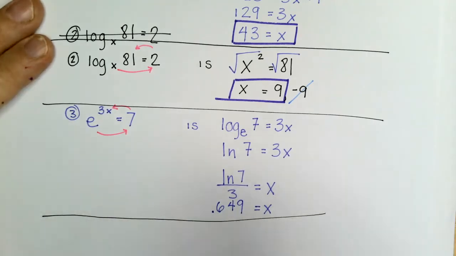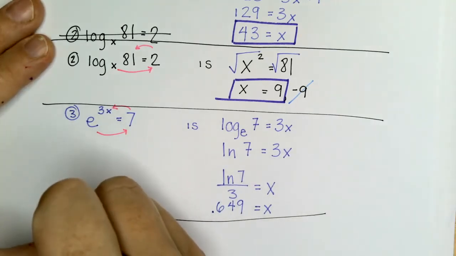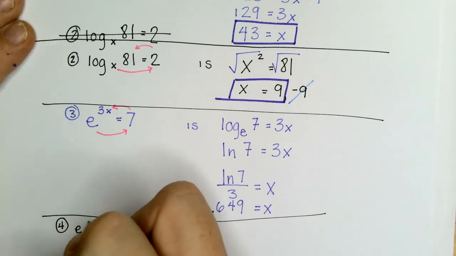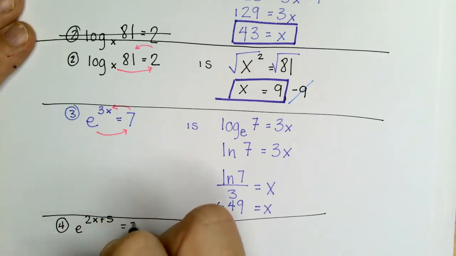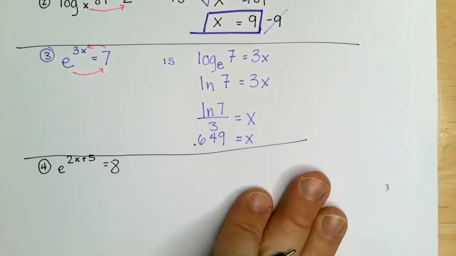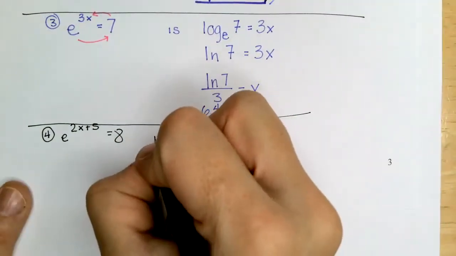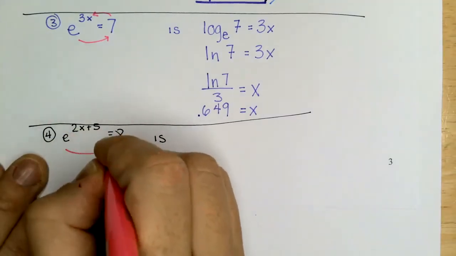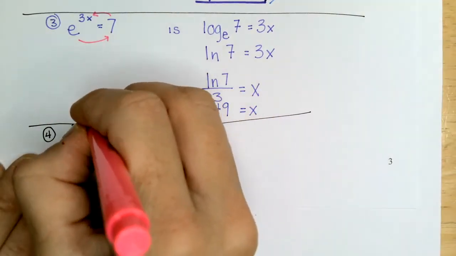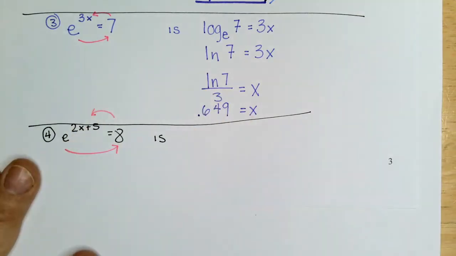And our last one, number 4, is e to the power of 2x plus 5 is 8. It becomes, we're going in a circle, log e of 8 equals 2x plus 5.